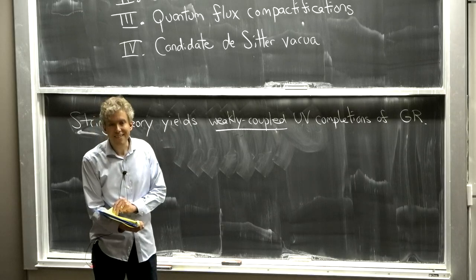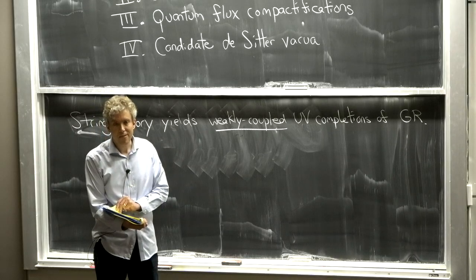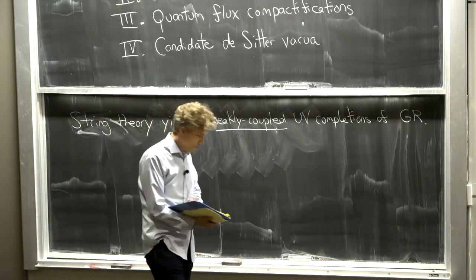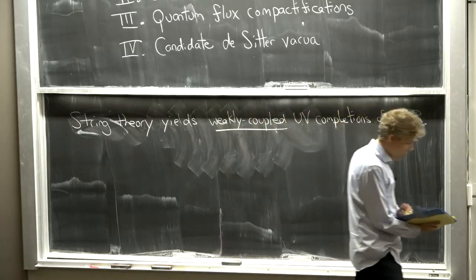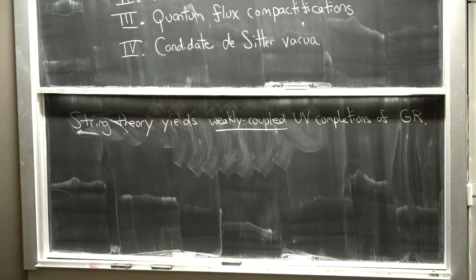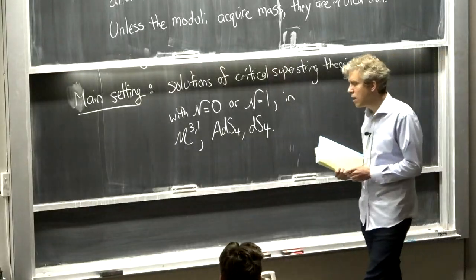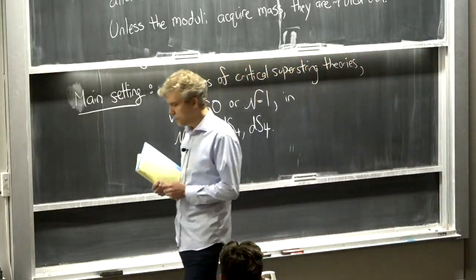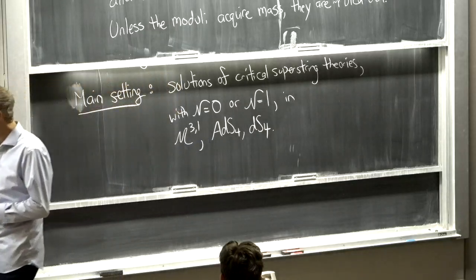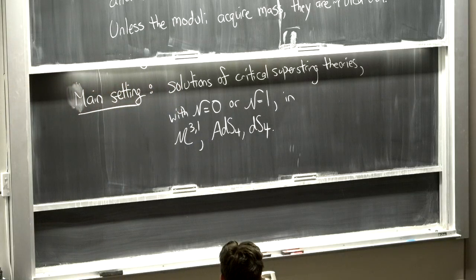Yes, please. Could that be a reason to think of non-critical string theories as the starting point? Yeah. So why have I chosen critical string? You can certainly do very interesting things with the non-critical string theories. For my taste, it's really just a question of the level of development of the technology that we have.